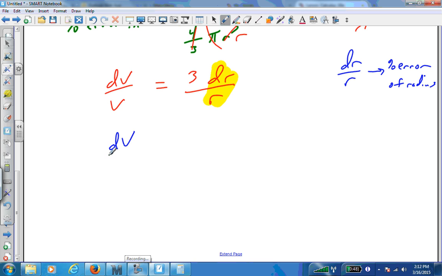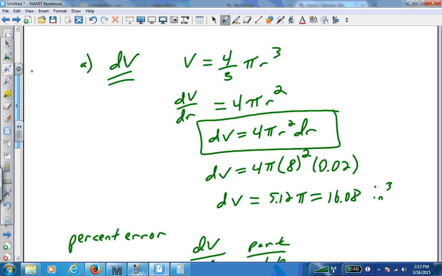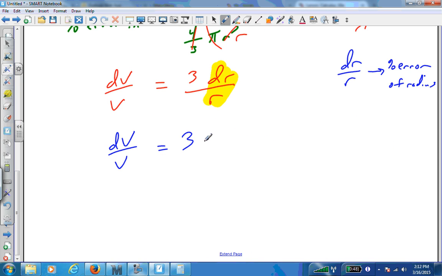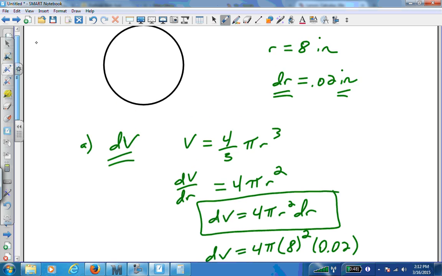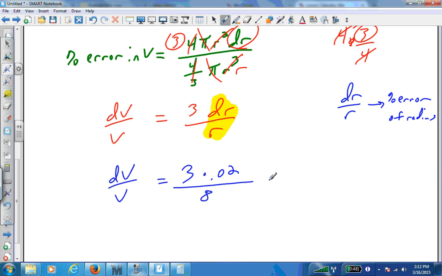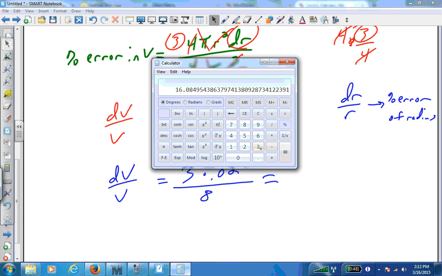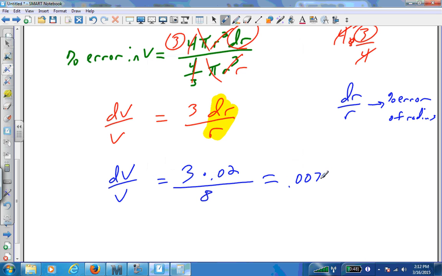So the percent error of volume is 3 times dr, 0.02, over the radius, 8. 3 times 0.02 divided by 8. So 0.0075. And notice that doesn't have any units.